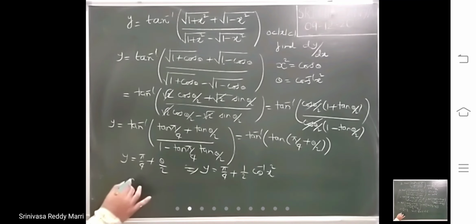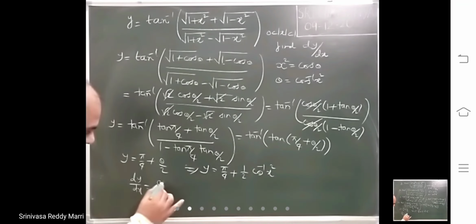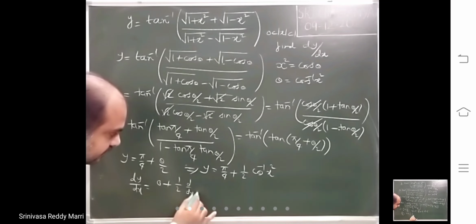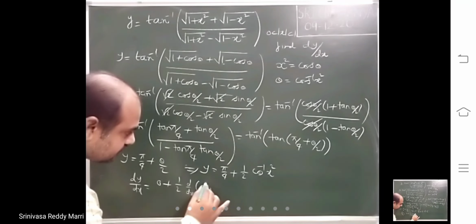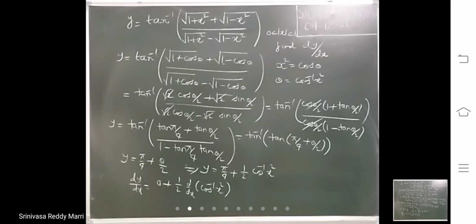Now dy by dx is d by dx of this plus d by dx of this: 0 plus 1 by 2 into d by dx of cos inverse x square.